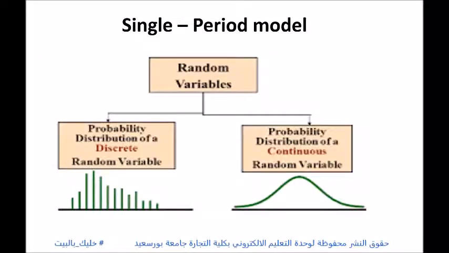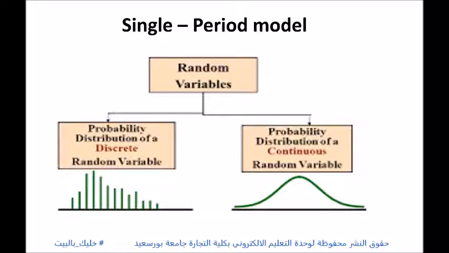I would like to confirm some points related to the single period model. Demand is not known. Demand is variable, and this is not the same as what we discussed in EOQ, POQ, and fixed period. Demand has a probability. According to these assumptions, we should use random variables.